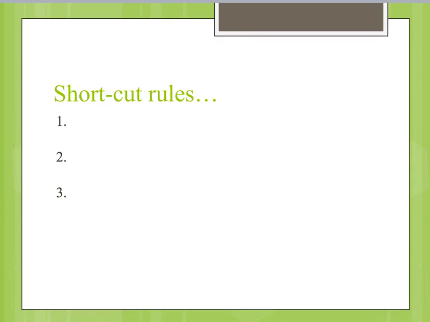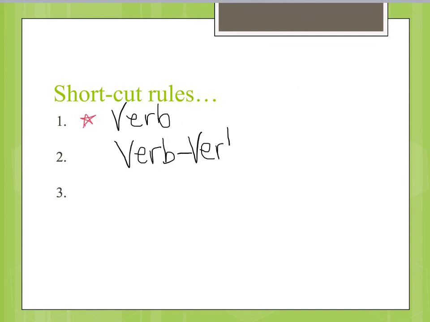So if we want to shortcut the rules a little bit and make it more usable, I think if you think of it this way, okay, you have a simple verb in your sentence, and now you want to use a direct object pronoun. So the question is where to place it. Here's a little placeholder. Place it in front of the verb. So that's a little asterisk to say, oh, put my pronoun in front. If I'm working with a verb phrase like tengo que escribir or voy a hablar or something where you have two verbs that are working together and you have a direct object pronoun, you have a choice.